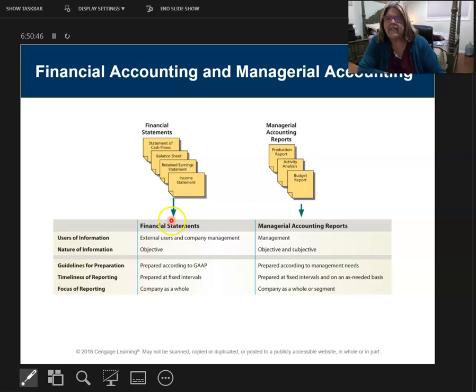When you're taking financial accounting, you're focused on financial statements and external users. But when I'm doing managerial accounting, I'm looking internally, at reports that people within the company would actually be concerned about. And I typically don't test on this information.